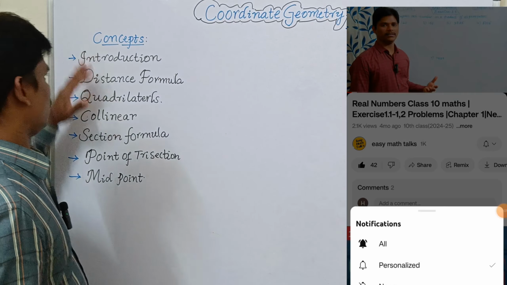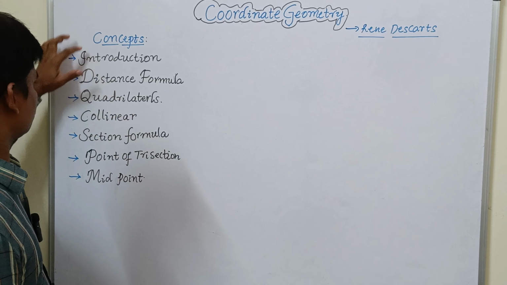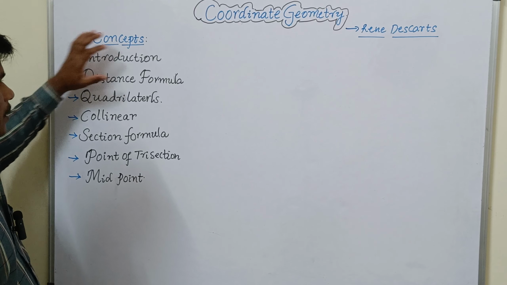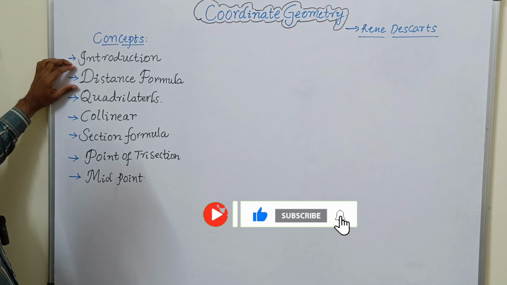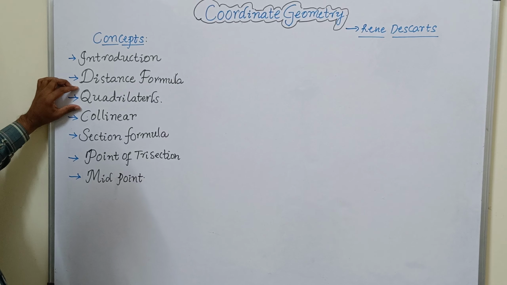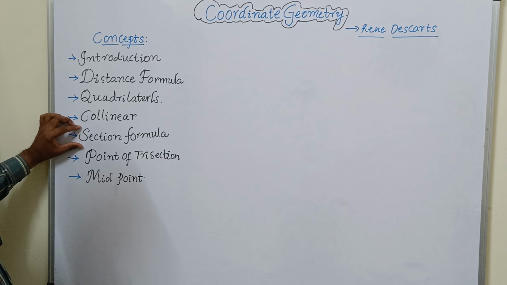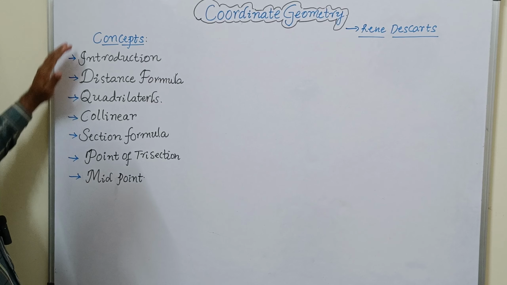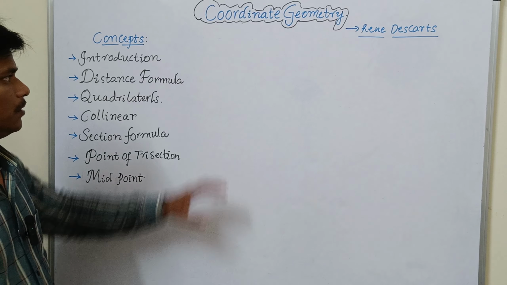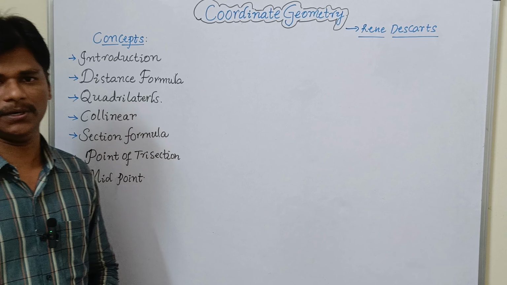These are the major concepts. First we will discuss the introduction of coordinate geometry and the distance formula, quadrilaterals and collinearity, section formula, points of trisection, and midpoint. These are the major concepts belonging to coordinate geometry.